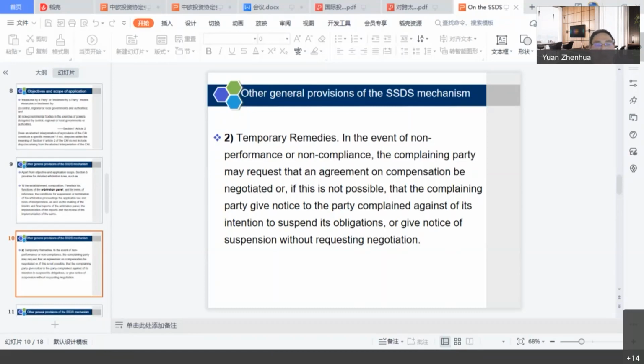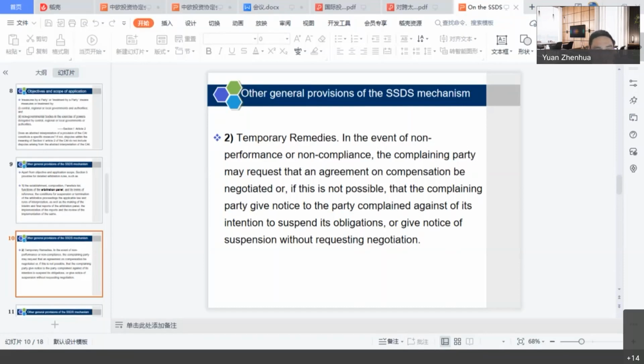And not only do the sustainable development clauses provide for a specific dispute settlement mechanism, in the subsidy transparency section we also see that the CAI provides another quite different dispute settlement mechanism. The dispute settlement rules on subsidies are also especially stipulated, and consultation is used as the major way to solve subsidy disputes.